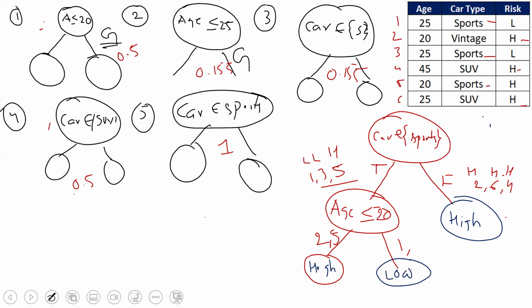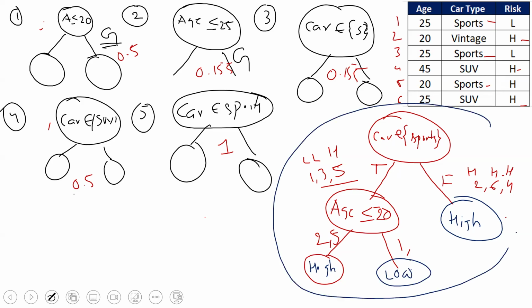So now this is the ideal decision tree. Out of many possible combinations that we have, this would be the ideal decision tree. This is how we construct the ideal decision trees. Okay, what we have done, the first thing is we have come up with all the possible conditions for numerical variable and categorical variable, and then we have calculated entropies for the root node and the split entropy.